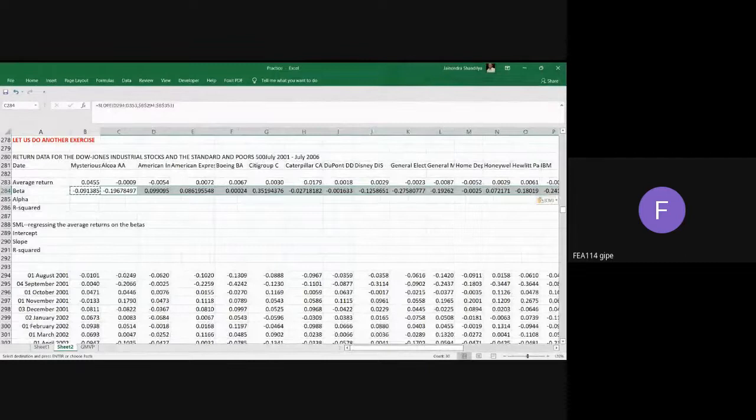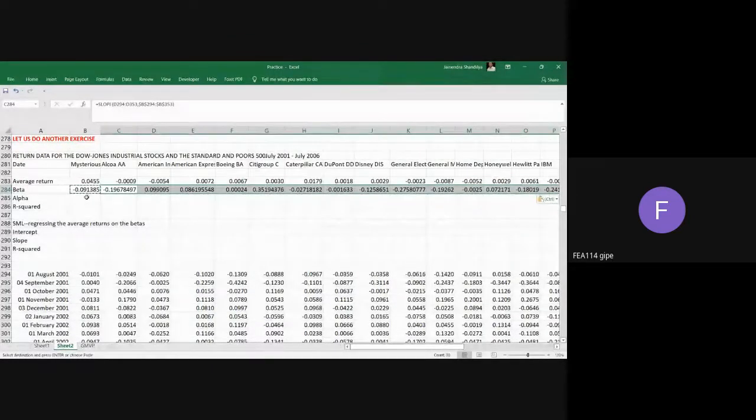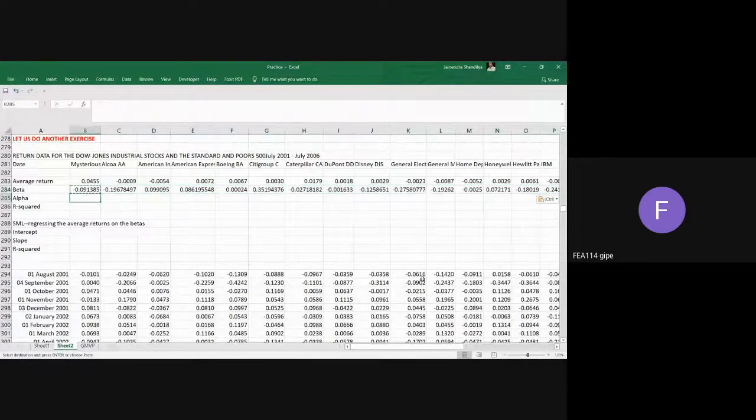I've calculated beta also for these stocks. Now I calculate alpha. So alpha is nothing but the intercept.